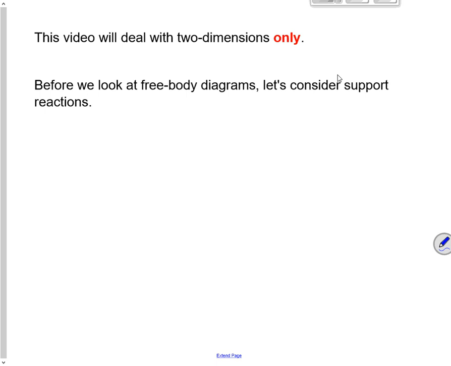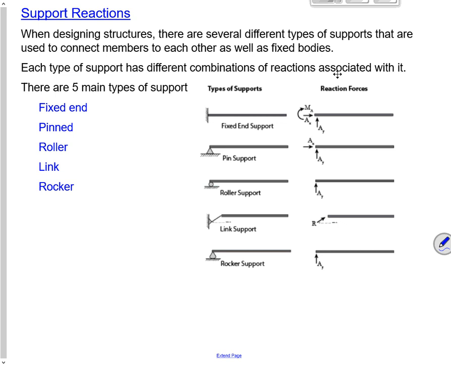Now, what makes something not move? It has reactions, not only forces applied to it, but it also has reaction forces, supports. Right? There are things holding it up so that it doesn't move. There's several different types of supports we're going to talk about.